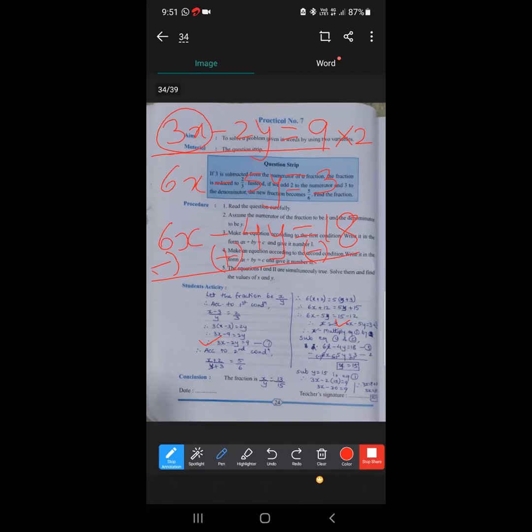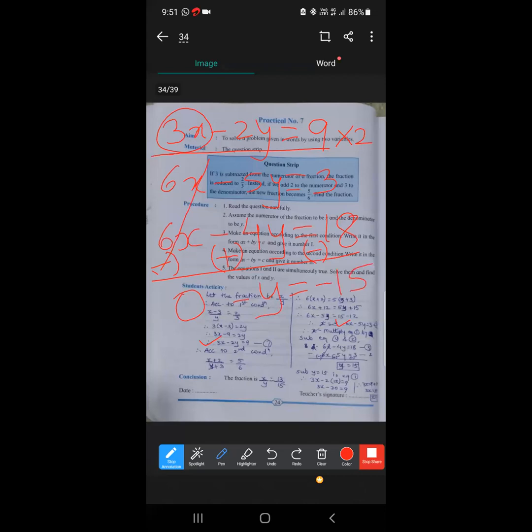Now plus 6x and minus 6x will get cancelled, so this term becomes 0. Minus 5 plus 4 will be minus 1y, or minus y, equal to 3 minus 18, which will be minus 15.